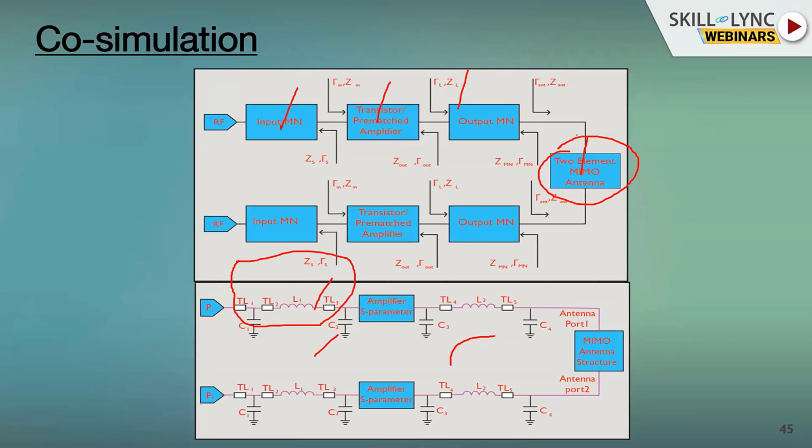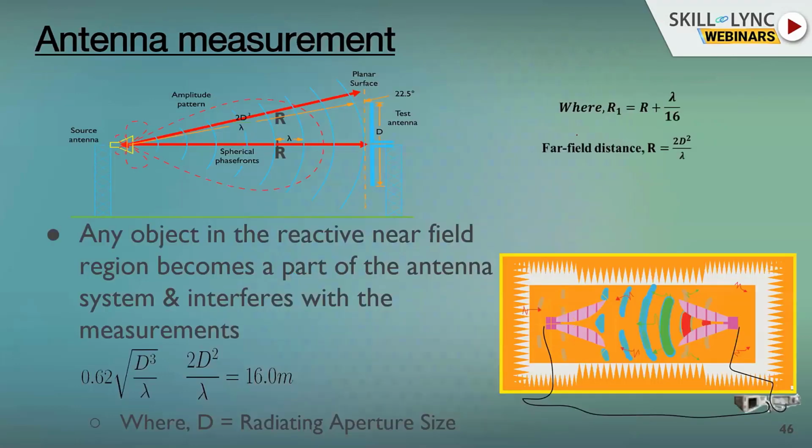Next is antenna measurements, right? Sometime before we mentioned that the antenna patterns do not change when you cross the far field distance. That is dictated by 2D square by lambda. This 2D square by lambda basically comes from, as you might have studied in Balis book or any book, that any antenna will radiate waves that are spherical in nature.